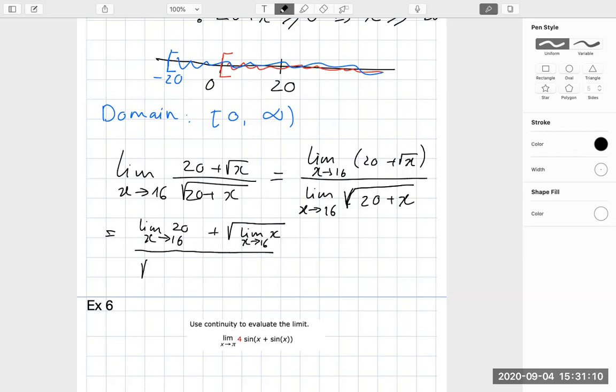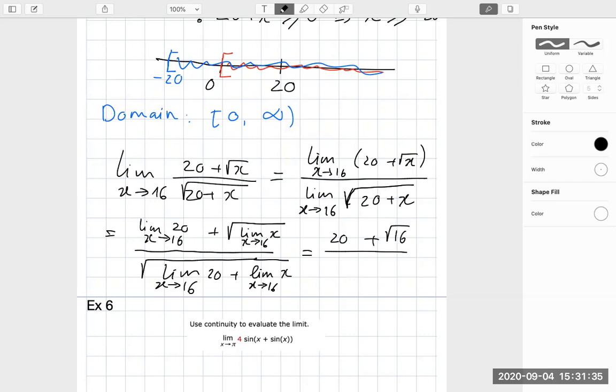And this is the square root of the limit when x approaches 16 of 20 plus the limit of x when x approaches 16, or the limit of a constant will be a constant, plus square root of 16, and here square root of 20 plus 16. Simplify it, right? You find the result. Do it yourself.